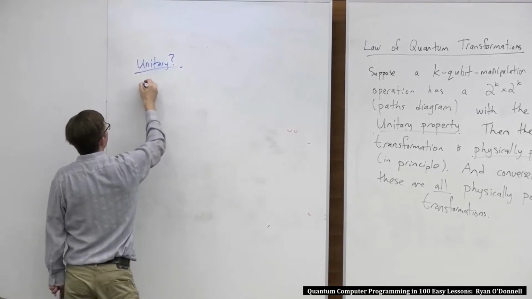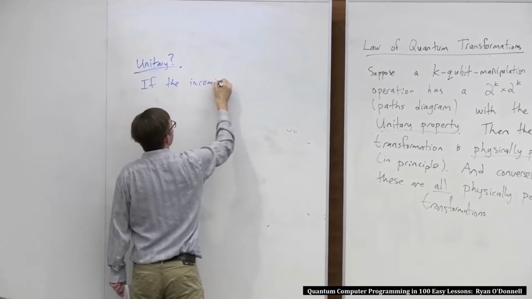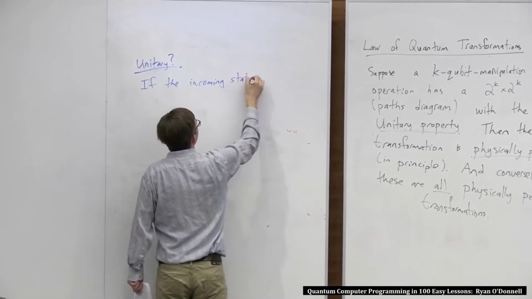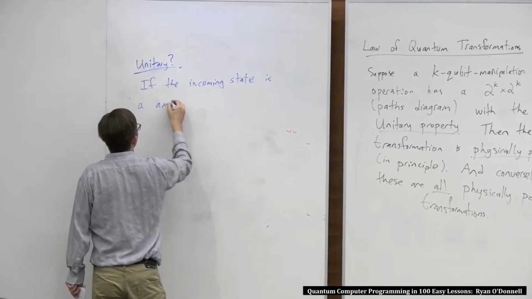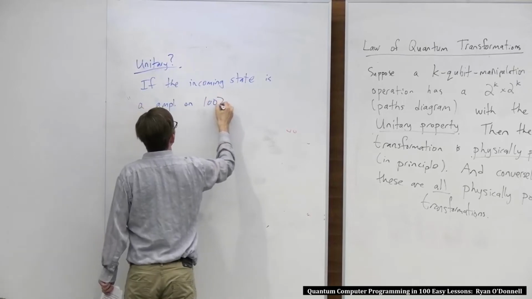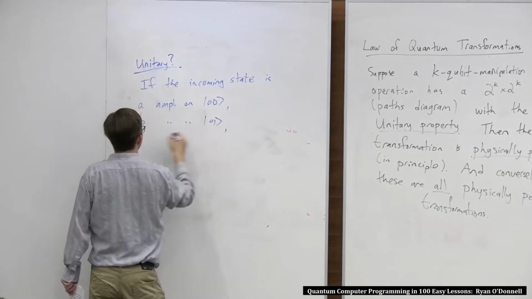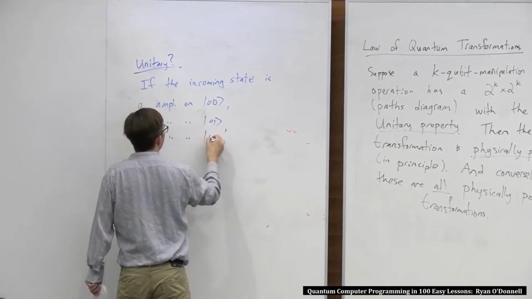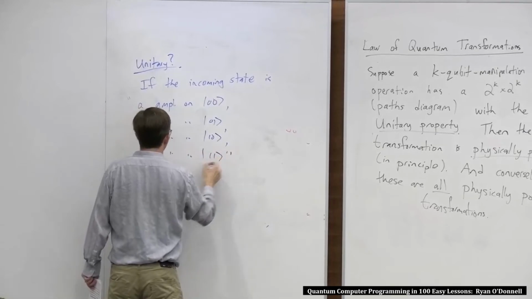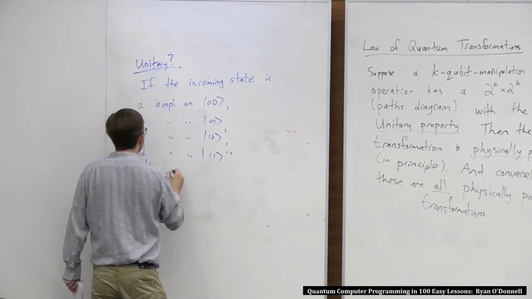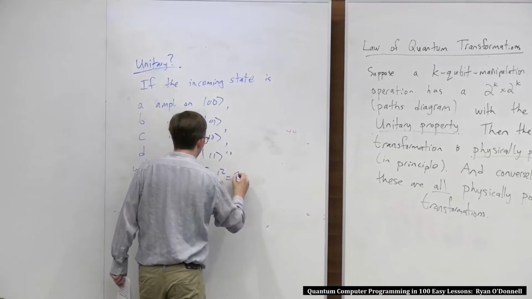So if the incoming state is, as was suggested, A amplitude on 0, 0, B amplitude on 0, 1, C amplitude on 1, 0, and D amplitude on 1, 1, with A squared plus B squared plus C squared plus D squared equals 1.